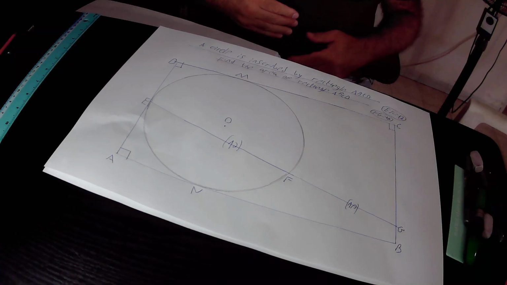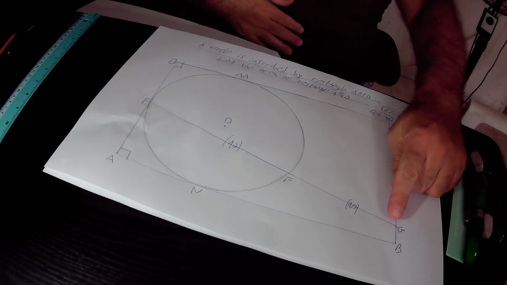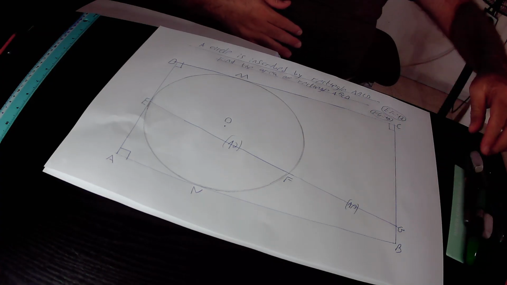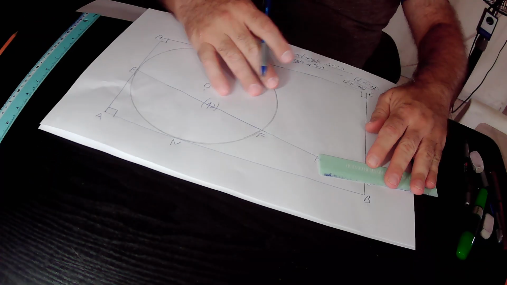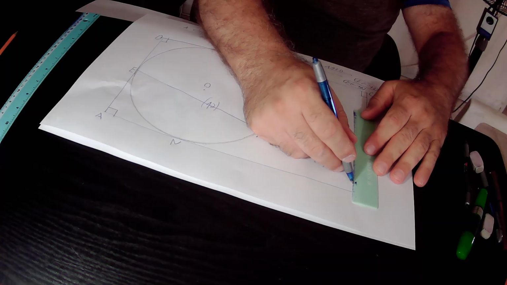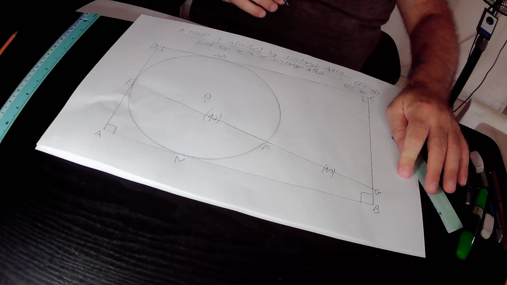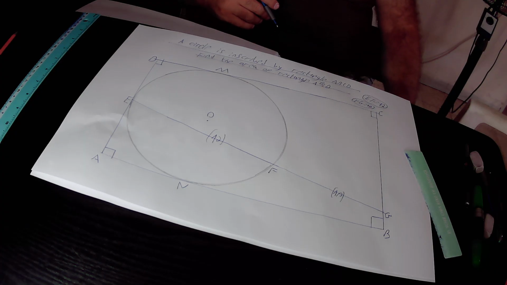So first of all, we know that all the angles inside the rectangle are right angles. So this angle is a right angle. And we also know that the area of any rectangle equals the length of the rectangle times the width.